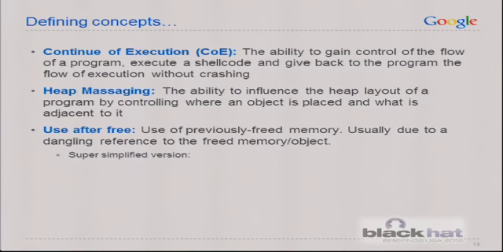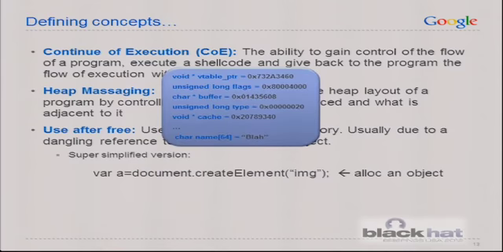And use after free: use of previously freed memory, usually due to a dangling pointer reference to a freed memory object. Super simple version. So we create an element. This element in memory is going to be a C++ object. It's going to have a vtable pointer, which is a pointer to a table of virtual functions. This is going to point to a DLL, shared object, or whatever.